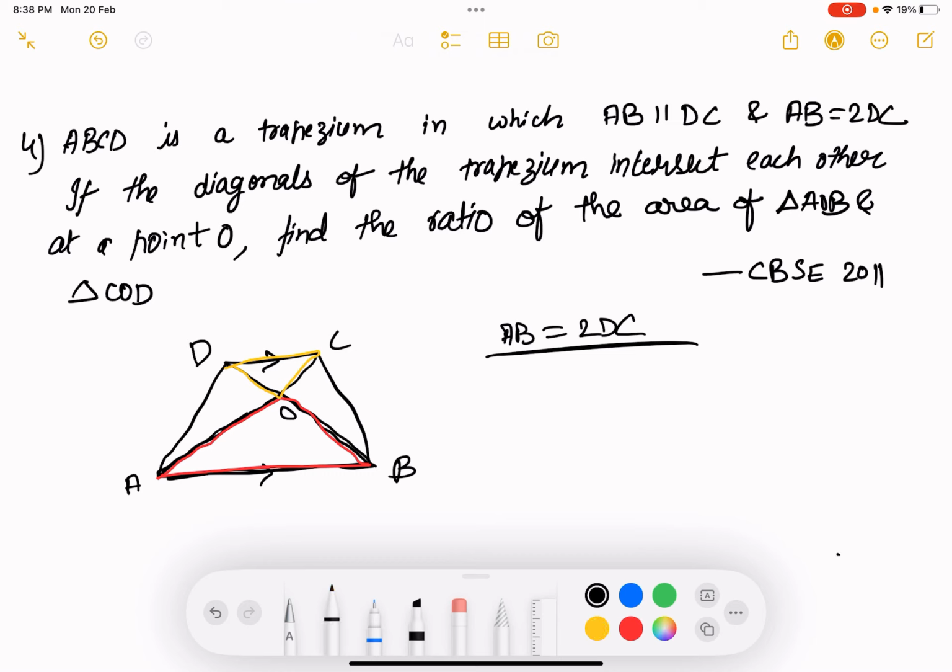So first, this is a trapezium in which DC is parallel to AB.